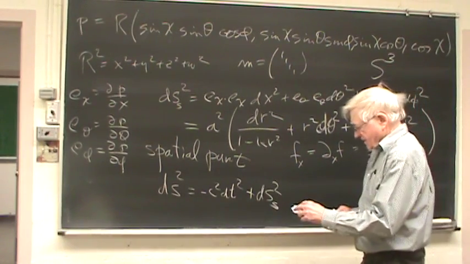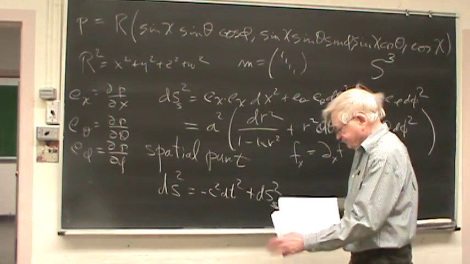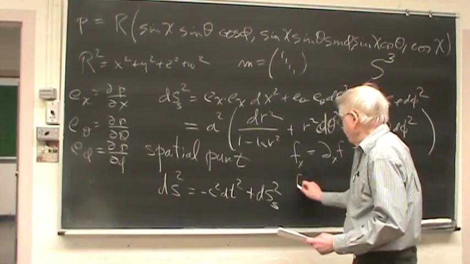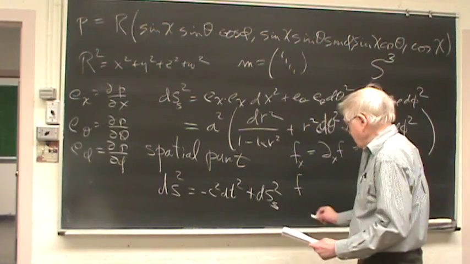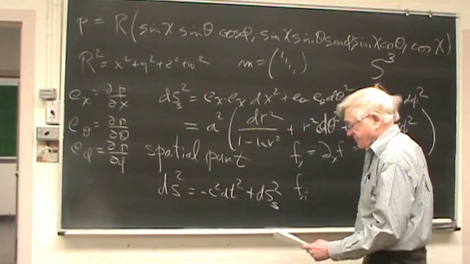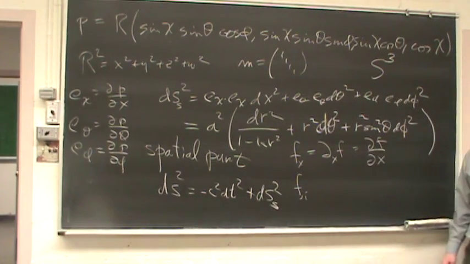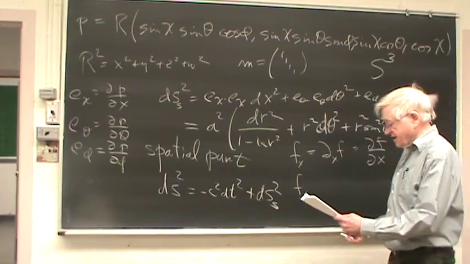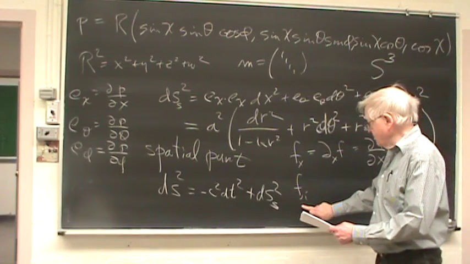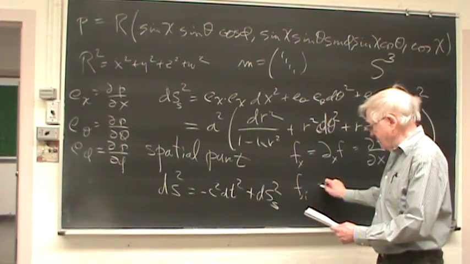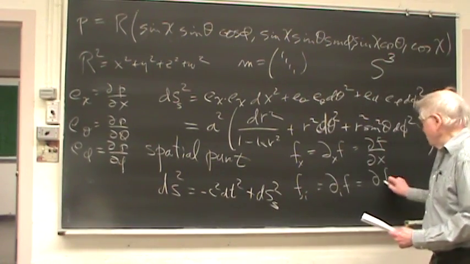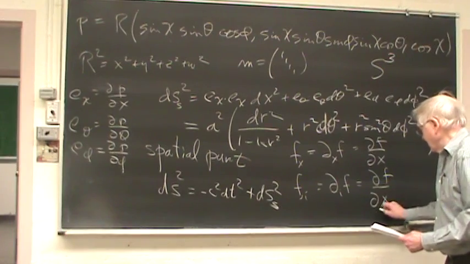Then, on the other hand, we call our coordinates x1, x2, x3, and x0, I guess. So a good notation is f comma i, or partial sub i of f, and that means partial f, partial x^i.